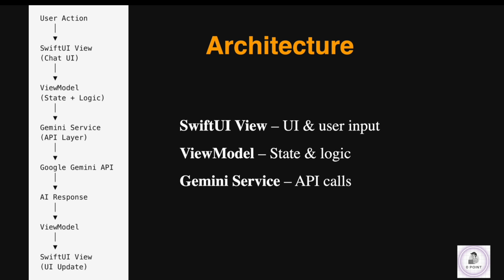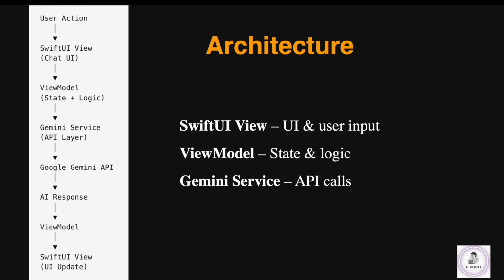Then the Google Gemini API provides the AI response, which we receive in the view model, because we make our network call from the view model. Then we publish or notify our UI with the response, and our chat window is automatically updated, so we can view the response of the AI agent.